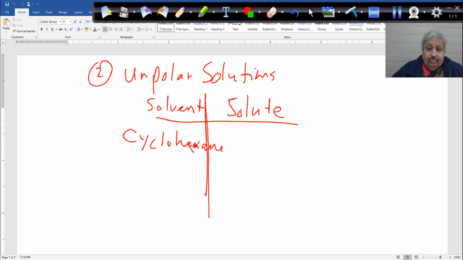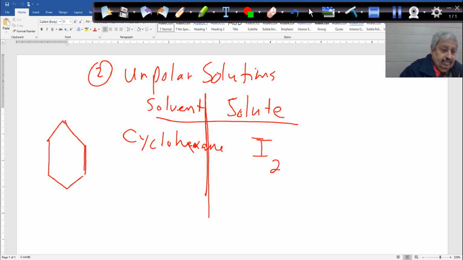Cyclohexane, and we took iodine, correct? Cyclohexane looks like this one here. It's cyclic, but not aromatic. It's C6H12. So you have all these single bonds, and all this hydrogen here, so 12 hydrogens.